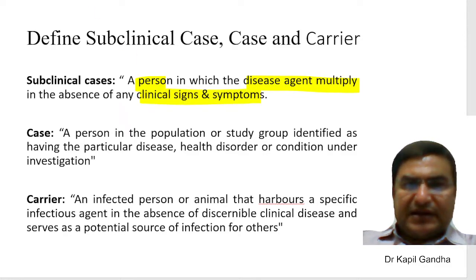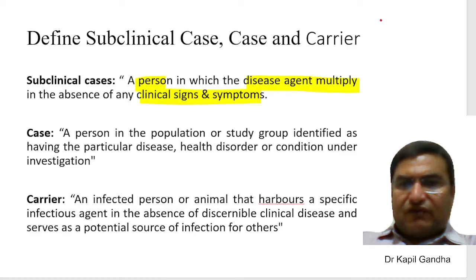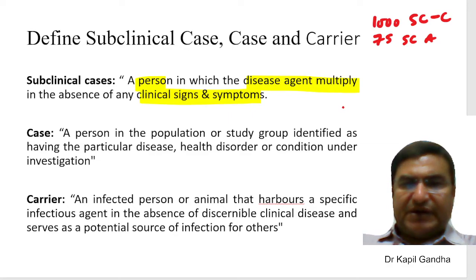For example, a single case of wild polio has 1000 subclinical cases in children and 75 subclinical cases in adults. So these are the potential source of infection in the community for the spread of that particular infectious disease.